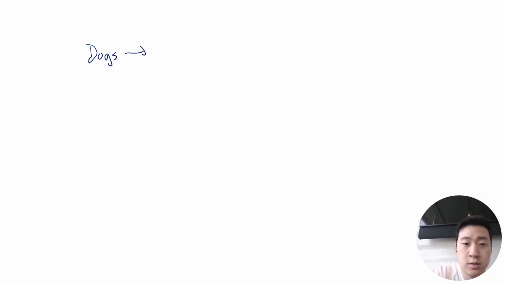We're going to use the same example we discussed last time with dogs being friendly, and we're going to use the same format. Remember, we said most dogs are friendly.